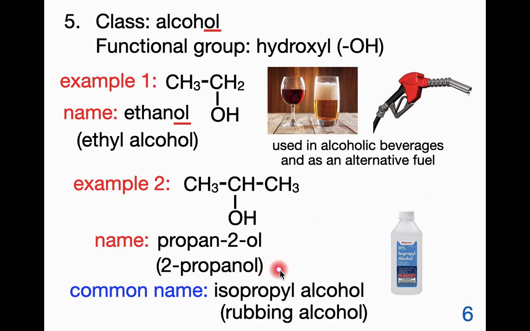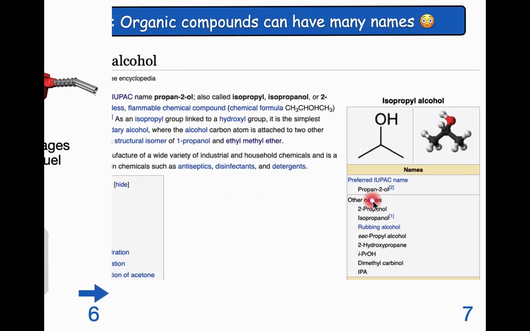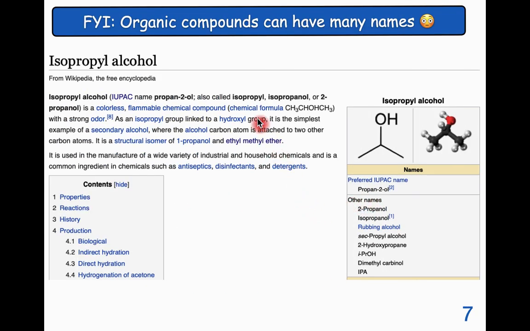Now, the fact that there's multiple names for organic compounds is a bit maddening, I know. What I did was I took a page from Wikipedia here, just to give you a sense of the commonality of these multiple names. So this is isopropyl alcohol. And if you look off to the side here, and you'll see this for all Wikipedia pages dealing with compounds, is a list of all of the names.